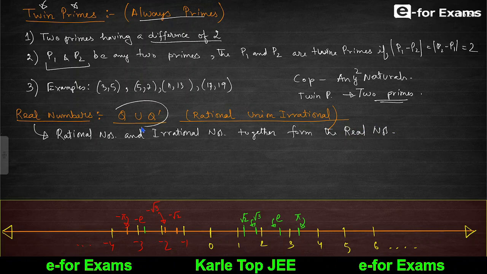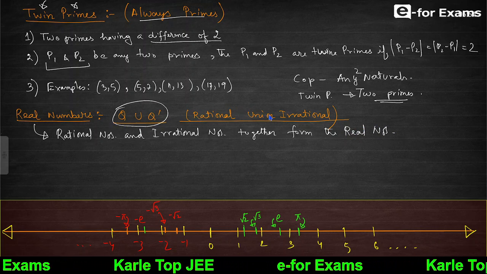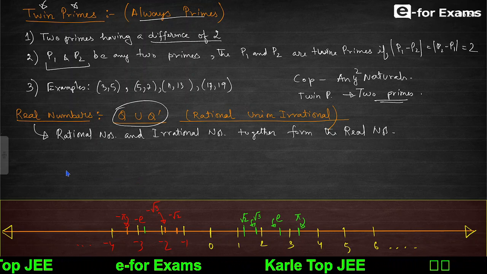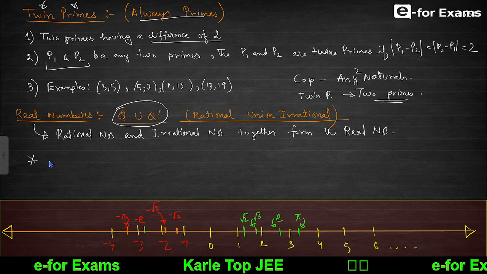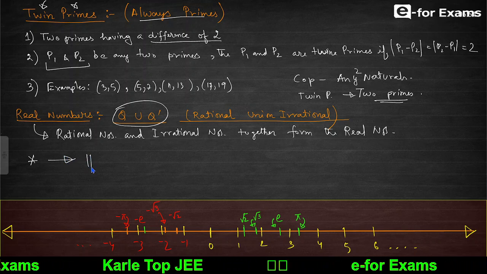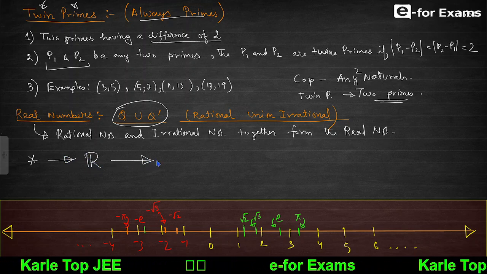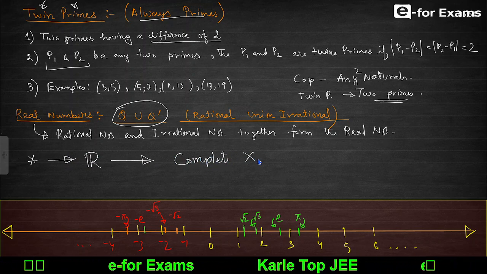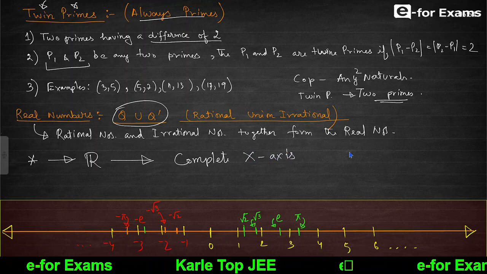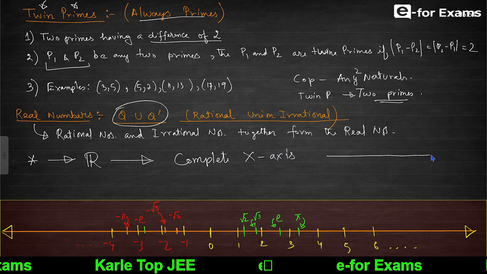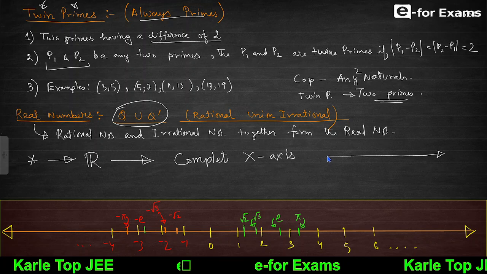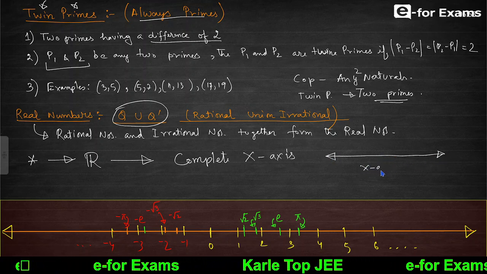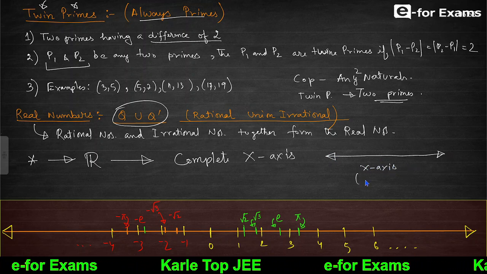That is here, Q union Q prime, rational union irrational. An important point here, real number is nothing but our complete x-axis. That is this x-axis. Complete x-axis is real number.